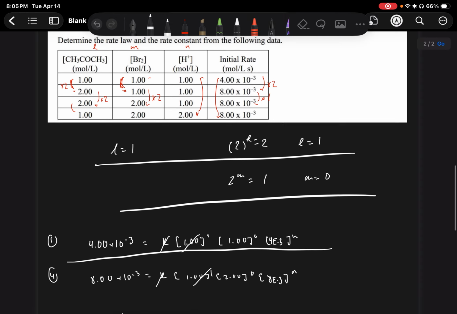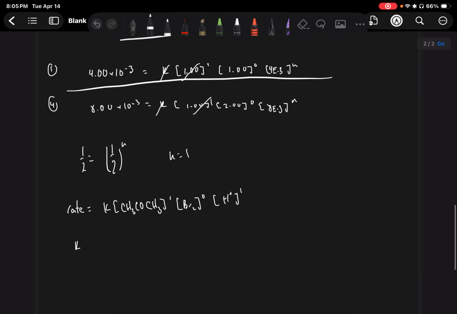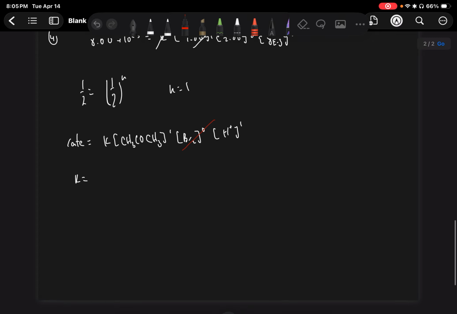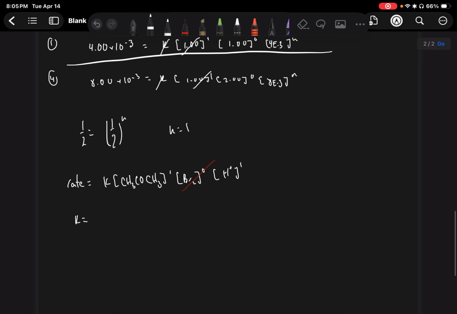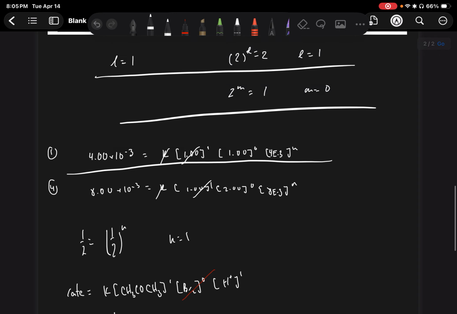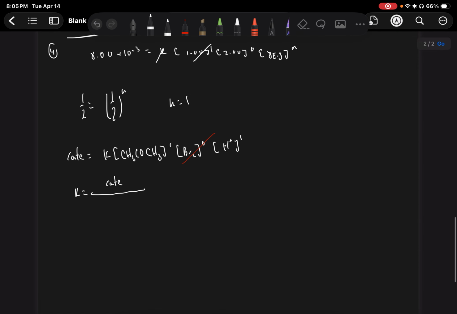Now we have to determine K. Okay, K is equal to K. We're just going to not write this one down because there's no point, that just equals 1. So K is equal to rate divided by, I'm just going to substitute this. We're going to use the reaction 1, so CH3COH is going to be 1 to the power of 1.